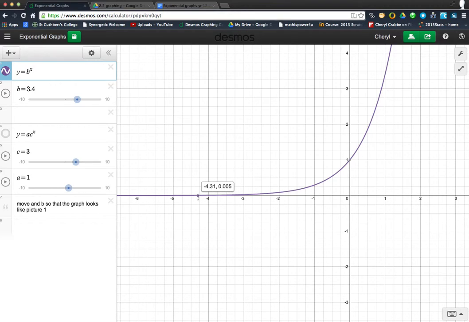The software will only go to 3 decimal places. So although this is getting closer and closer to the x-axis, the fact of the matter is, an exponential graph will never touch the x-axis. It will never get to a place where y is 0. It'll just keep getting smaller and smaller.